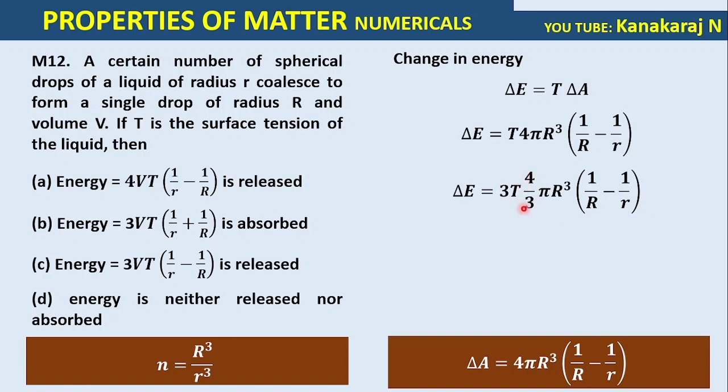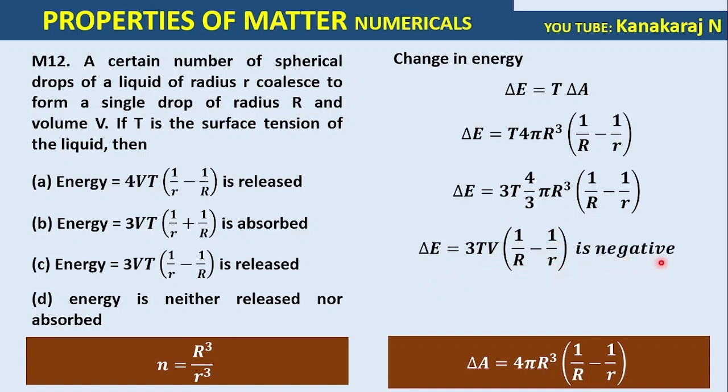So 4 by 3 pi R cube becomes volume, and we replace it by a letter capital V. So 3TV within the bracket 1 upon capital R minus 1 upon small r.